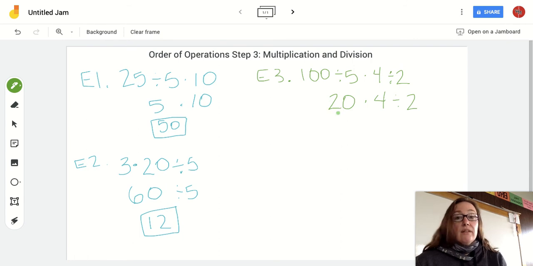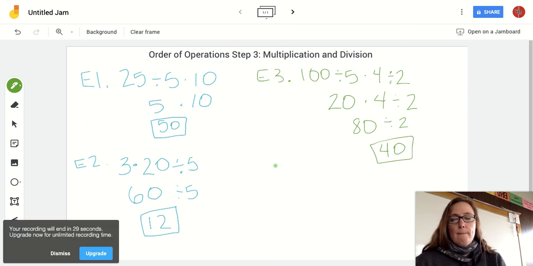Okay, now moving left to right, multiply and divide. 20 times, oh, there's one. 20 times 4 is 80. Then rewrite, multiply and divide. 80 divide, there's another one. 80 divided by 2 is 40. Okay, the rewriting helps so much.